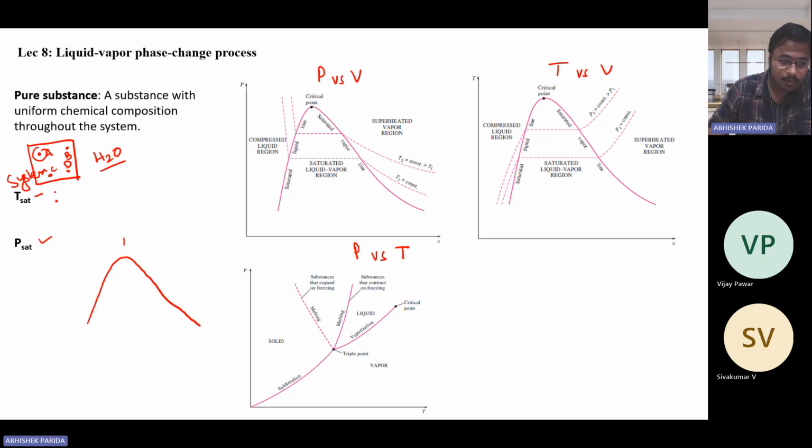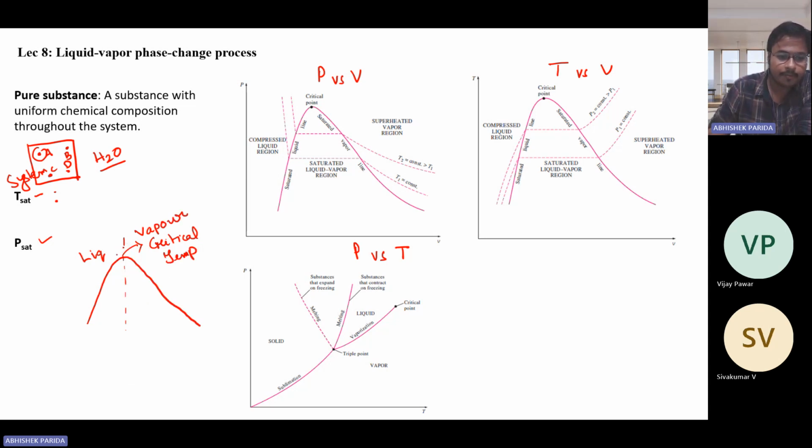Now, the important thing is that this point will be known as the critical point. We'll be learning more about this in the next slide. This is the critical temperature, above which there will be either liquid or vapor, and they won't be having any phase change.